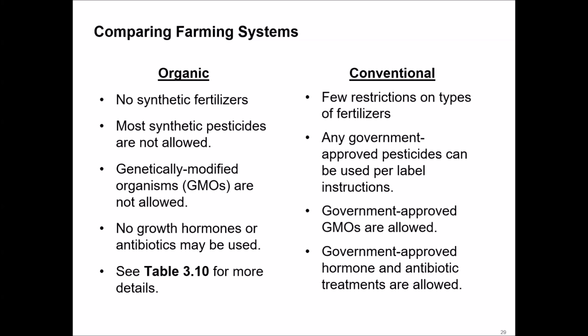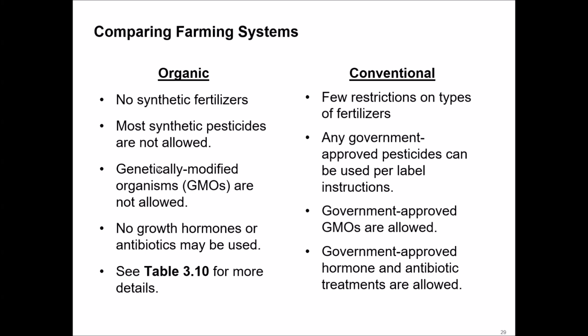There are a few that are approved for organic farming, and these are usually those that are a little safer on the environment and safer for the actual crop. For conventional, any government approved pesticides can be used per labeling instructions. There are some pesticides that over the years, for whatever reason, have been banned for use.